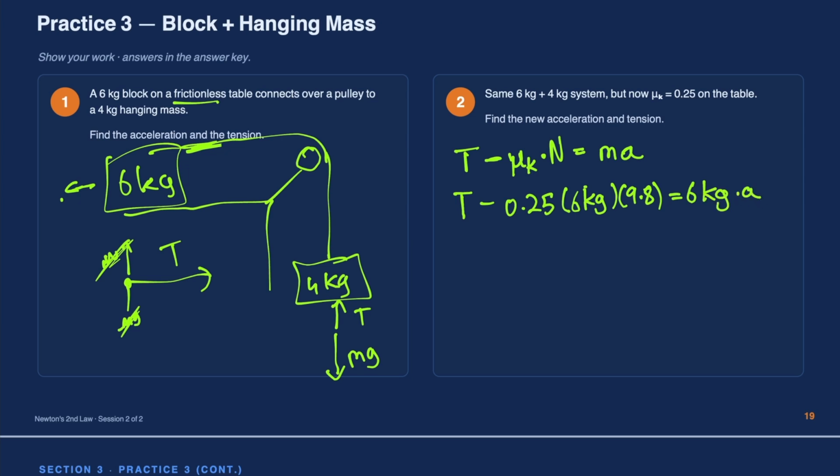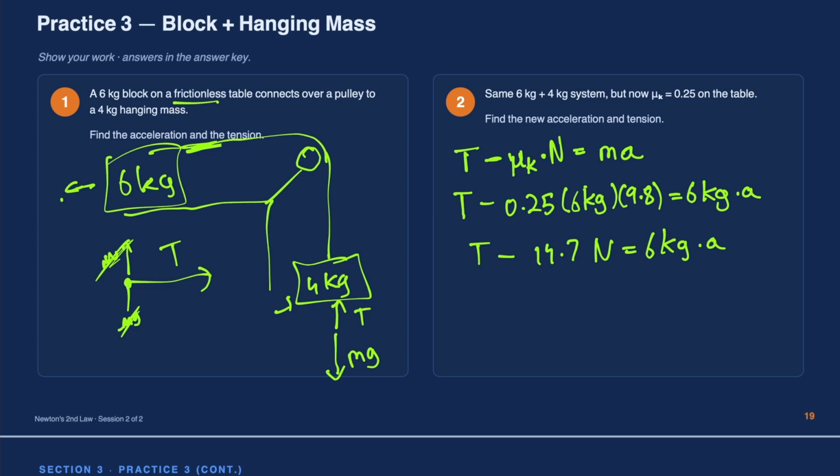So if I multiply all of this out, I should get T minus 14.7 newtons is equal to 6 kg times A. And then for the other equation, regarding the 4 kg block, same thing: tension is pulling it up, mg is pulling it down.